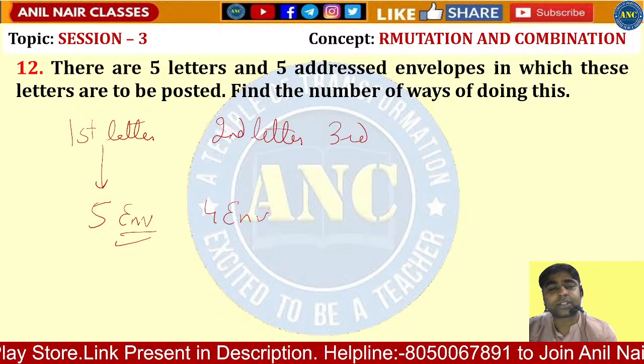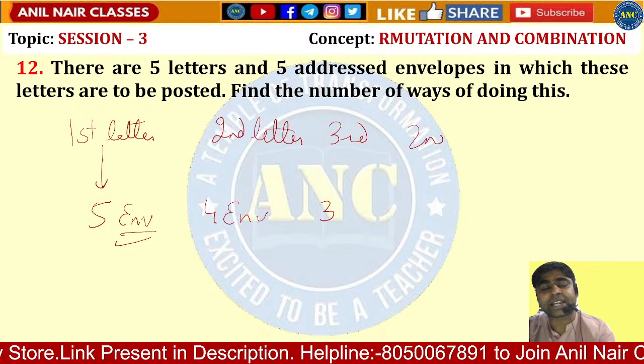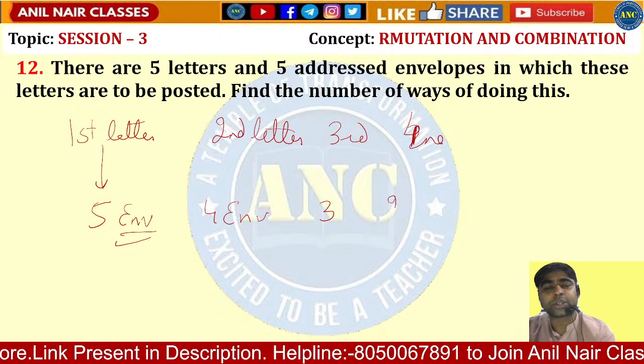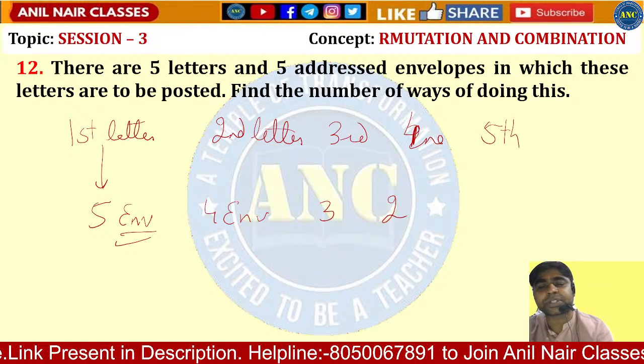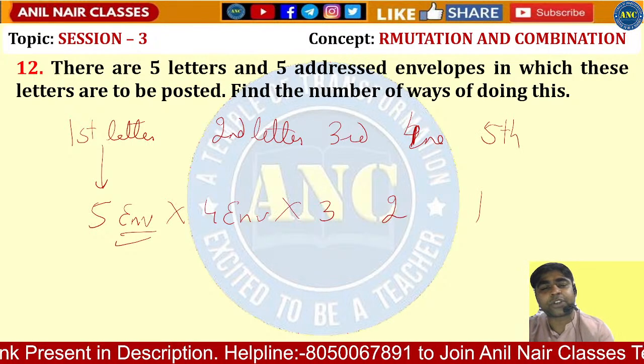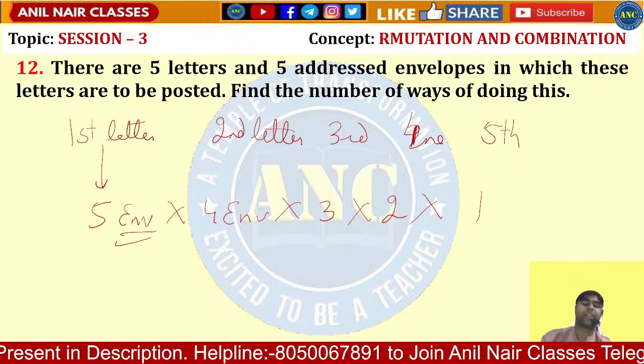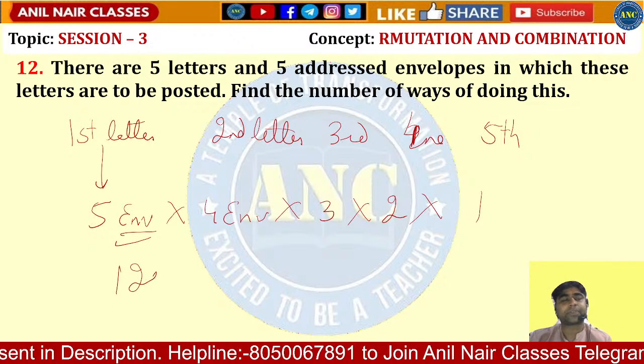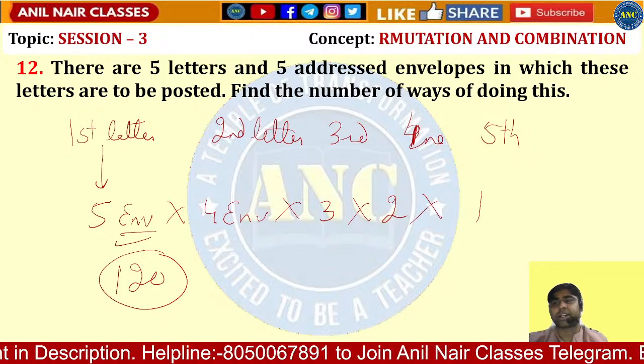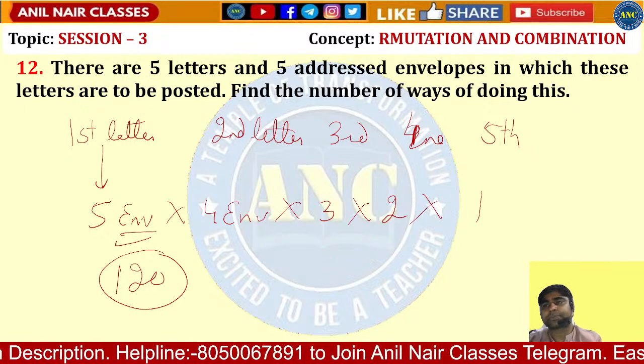The third letter, 3 options. Fourth letter, 2 options, and the fifth letter, 1 option. So simply 5 into 4 into 3 into 2 into 1. And that was anyway 120. So not a very different question.